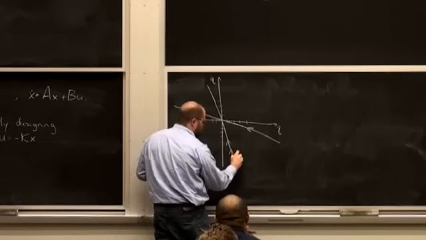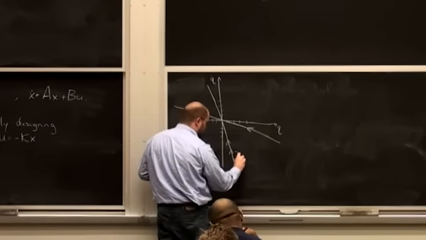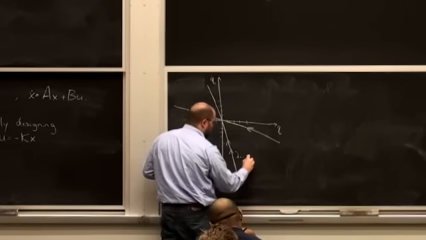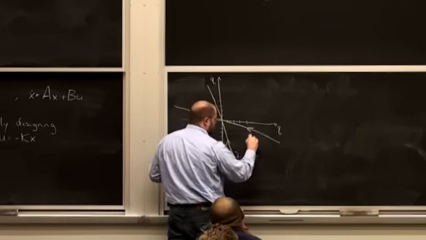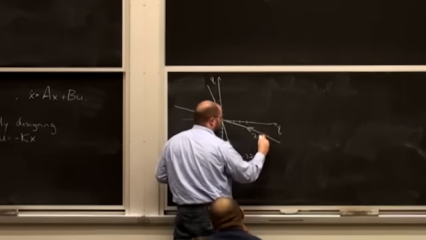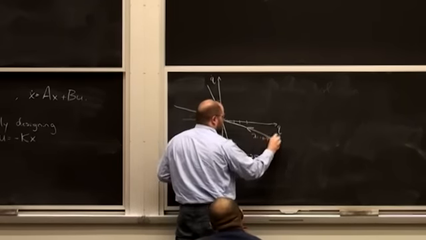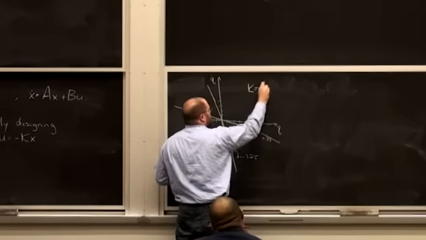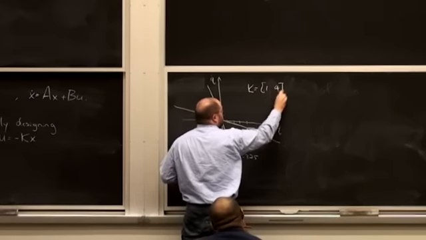Where this has an eigenvalue of negative 3.75 approximately, and this one had an eigenvalue of negative 0.25. This was all for k equals 1, 4.